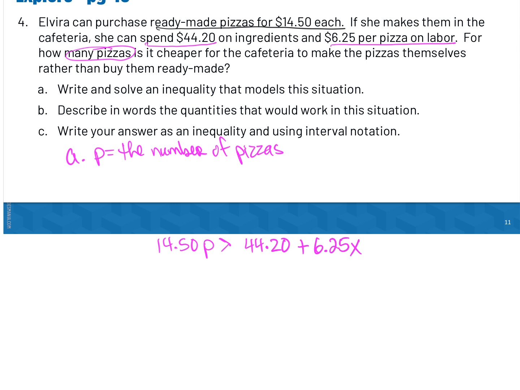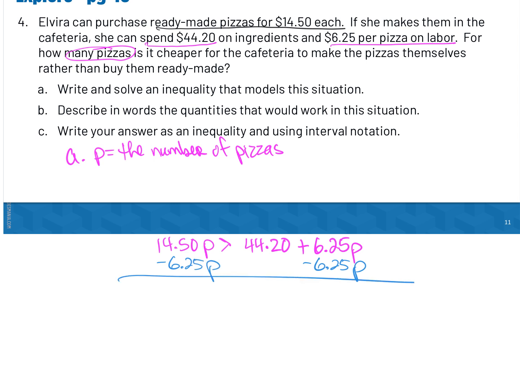All right, so I want all the variables on one side. Oh, I am so sorry. I'm sure you're like, Miss Marion, you made a mistake. This should be P. All right, so I want all the P's on the same side. So sorry about that. We're going to subtract off 6.25.